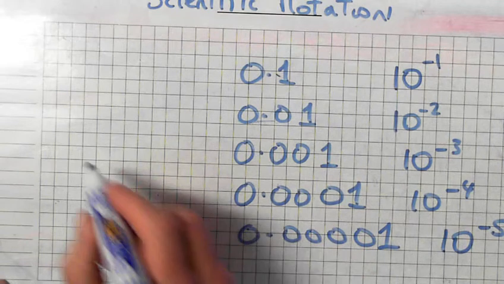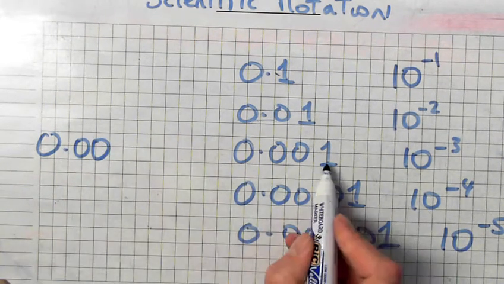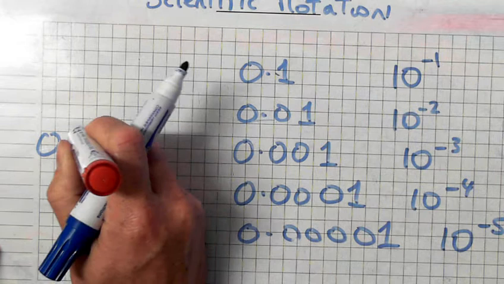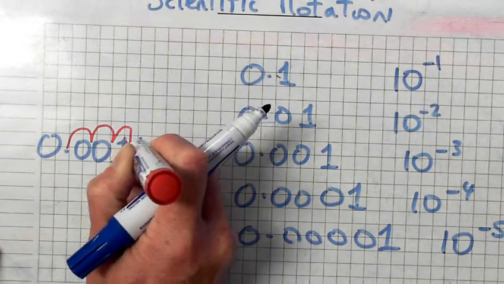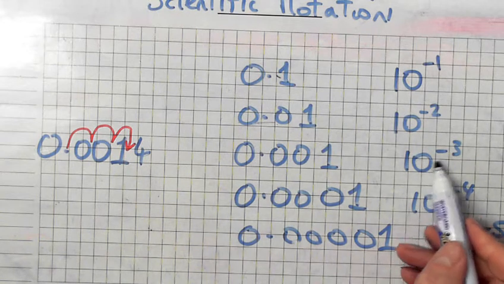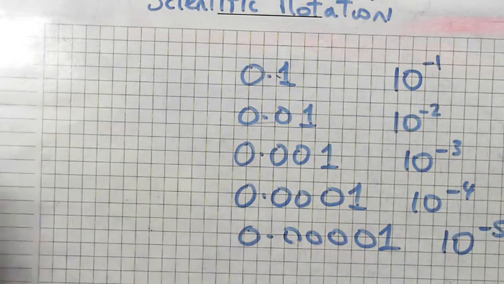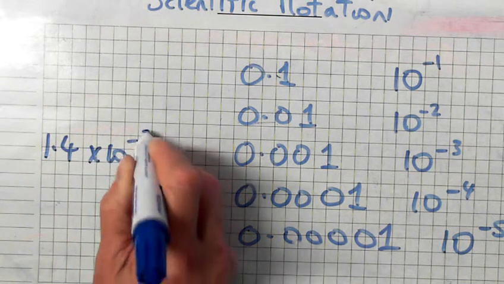How do I write if it's 0.0014? Move the decimal point, 1, 2, 3. I had to move it 3 places to the right, so I'm using 10 to the minus 3. The number's getting smaller. 1.4 by 10 to the minus 3.